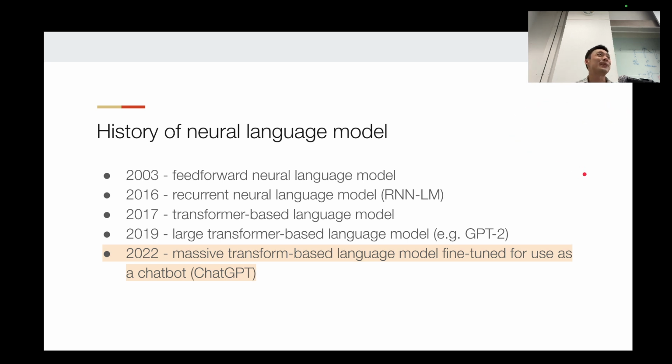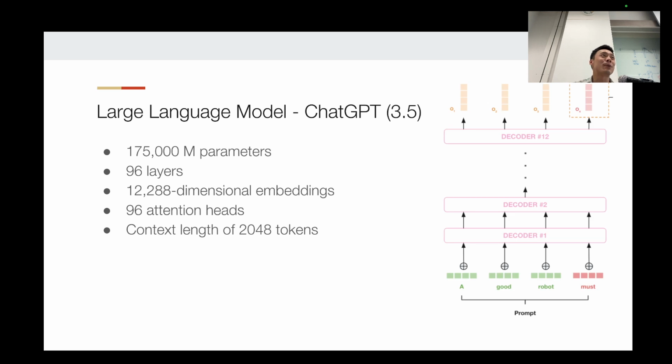So come ChatGPT. OpenAI became Closed AI and came up with ChatGPT, which is based on GPT-3.5, because they did something more with GPT-3, which is already large.